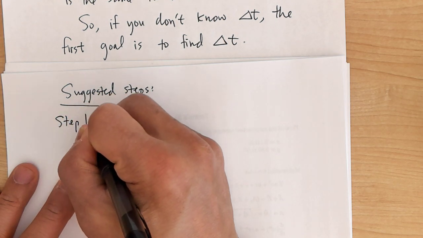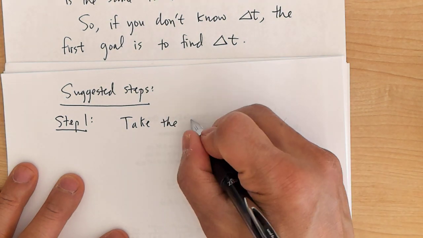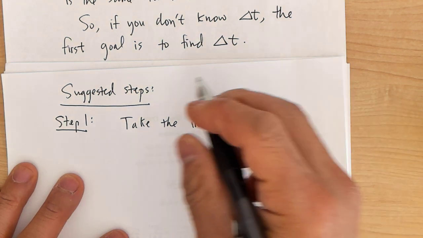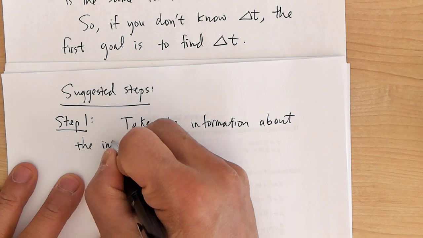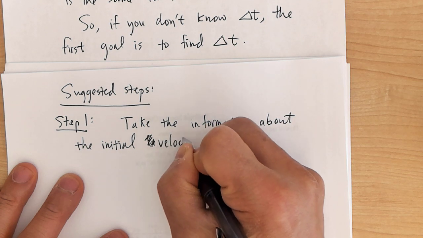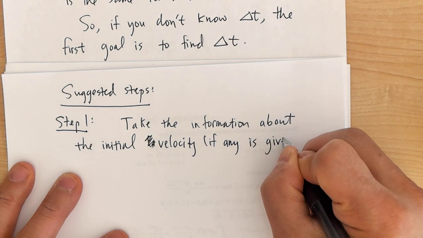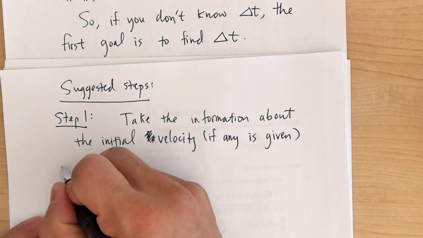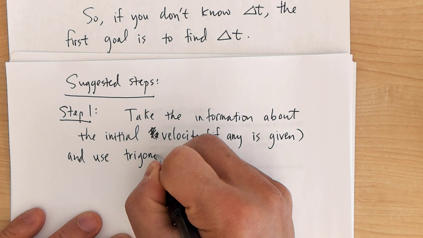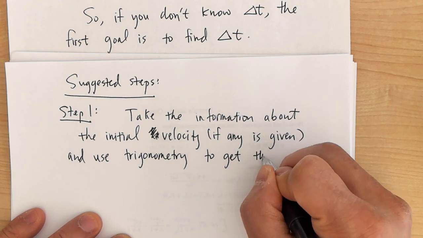Step 1: take the information given about the initial velocity, if any is given, and use trigonometry to get the x and y components.